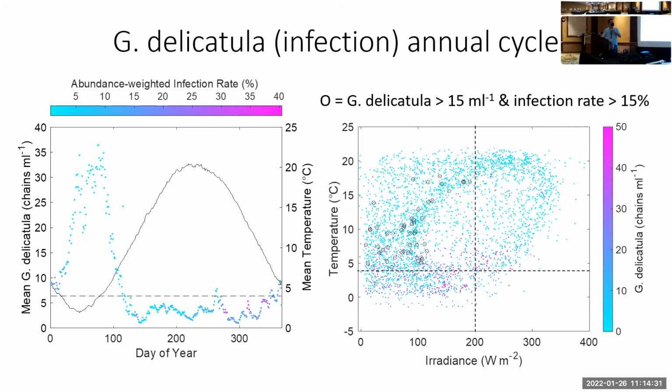We can see we only really tend to see these large infection events when temperature is high and irradiance is relatively low. For some reason, we don't see any substantial infection when irradiance is high. There could be other environmental correlates or biological processes underpinning this, but it's certainly an interesting hypothesis we could begin to test by collaborating with modelers or experimentalists, say.